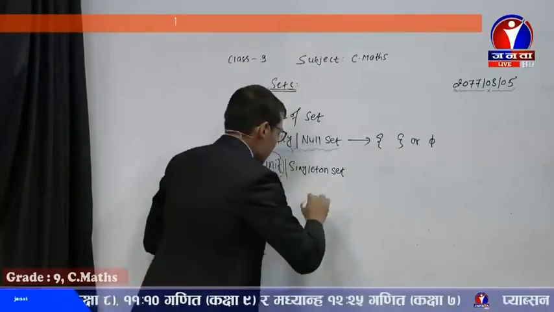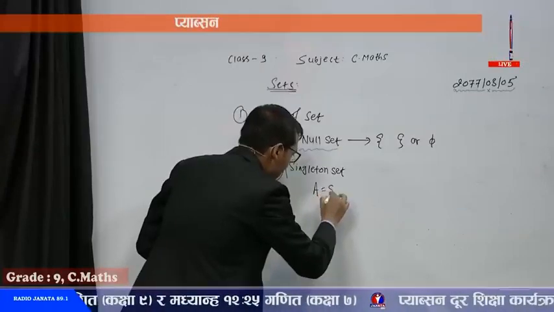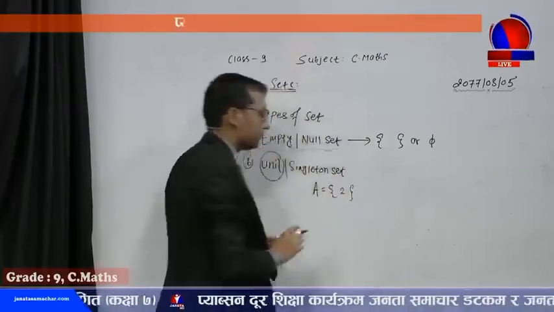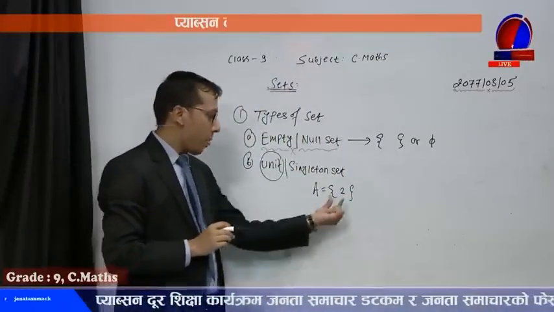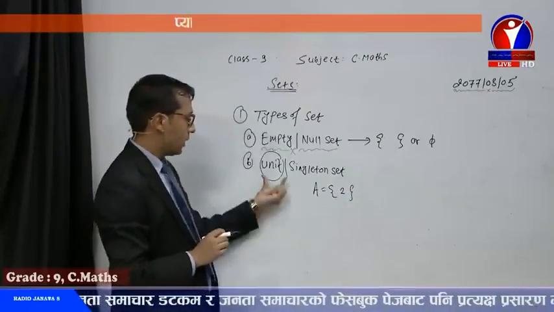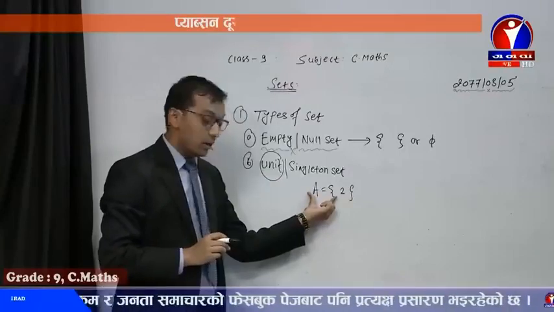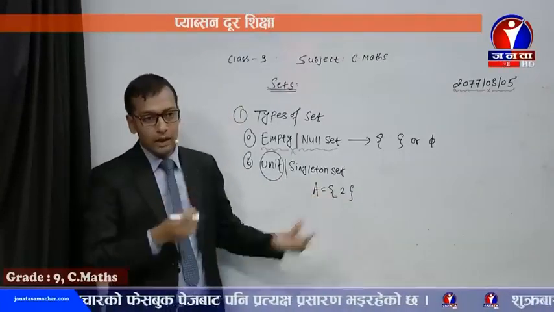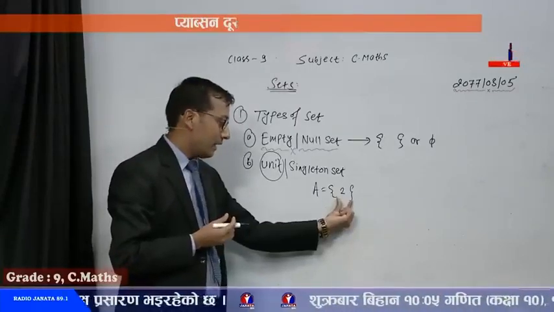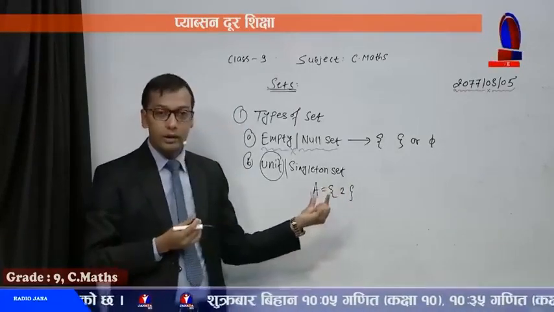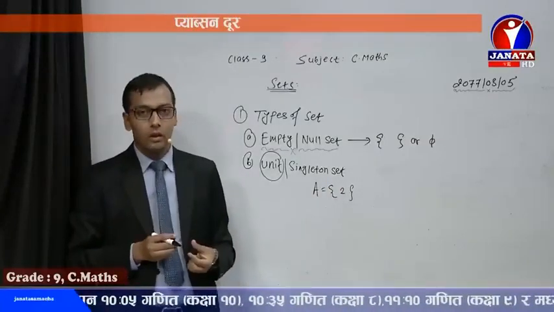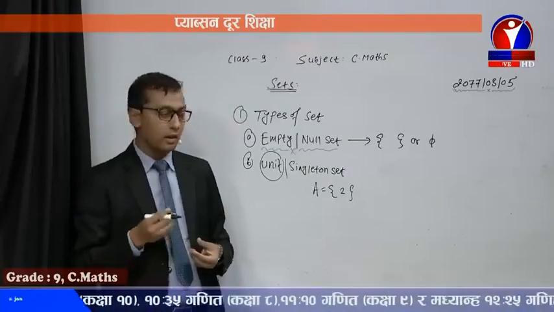Let's write an example. If the set is denoted by A, suppose there is an element 2. Can you see what the set is over here? It is denoted by A. We can denote it by other letters, but we use capital letters, and it is 2. There is one element in the set. So this is called a unit set, or a singleton set.